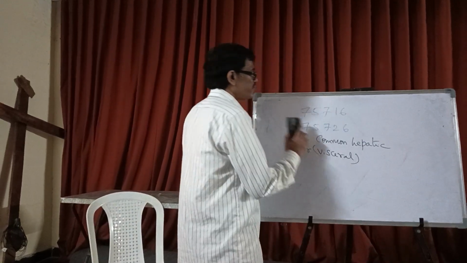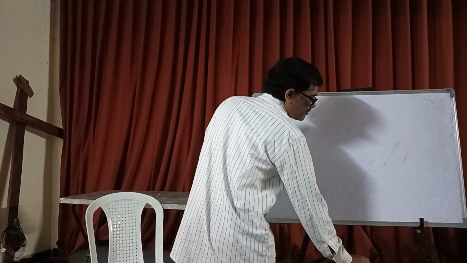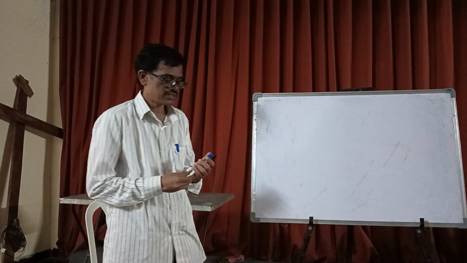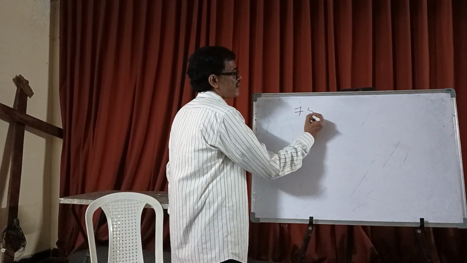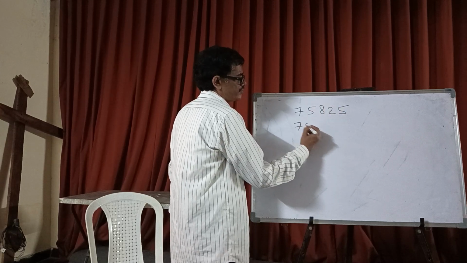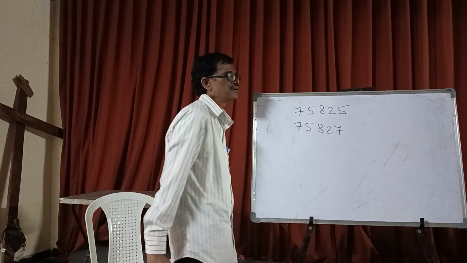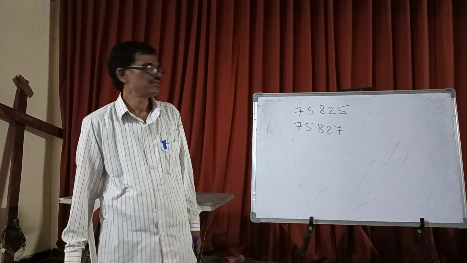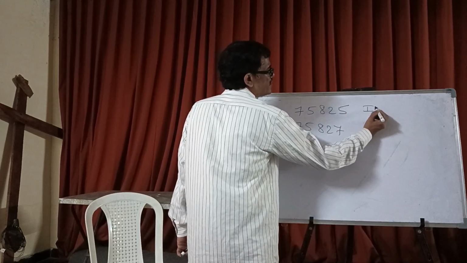Next one, when you see the next code, 75825, go to the 75825 and 75827. Yeah, you see, venography is inferior. దీన్ని ఏమంటారంటే IVC అని పిలుస్తారు.